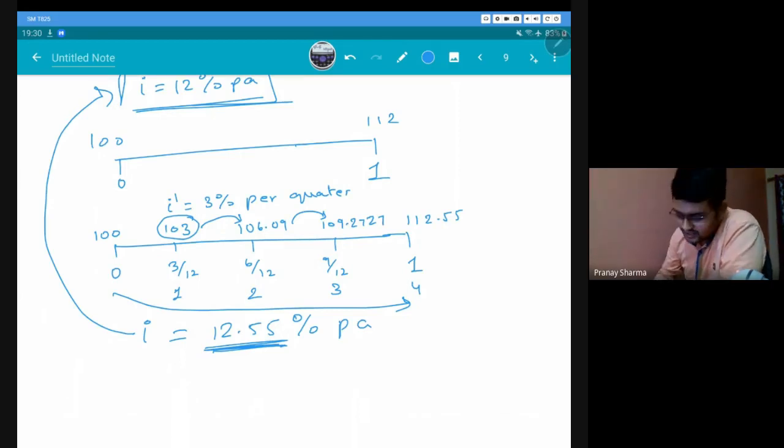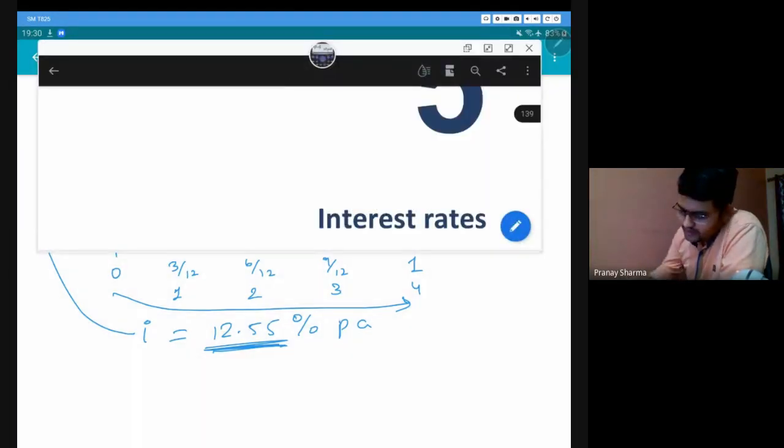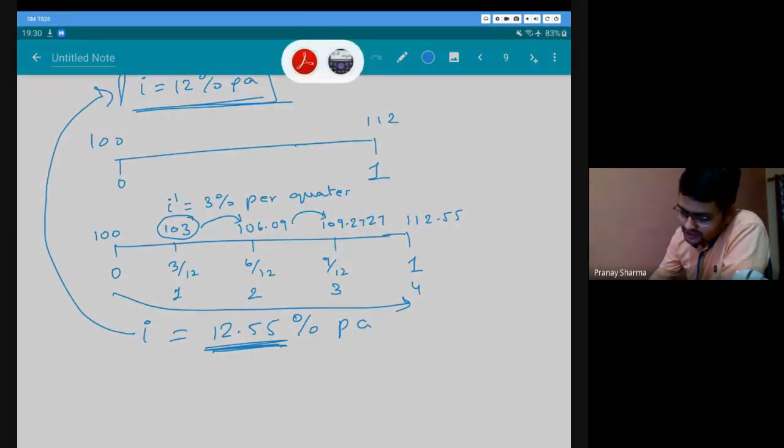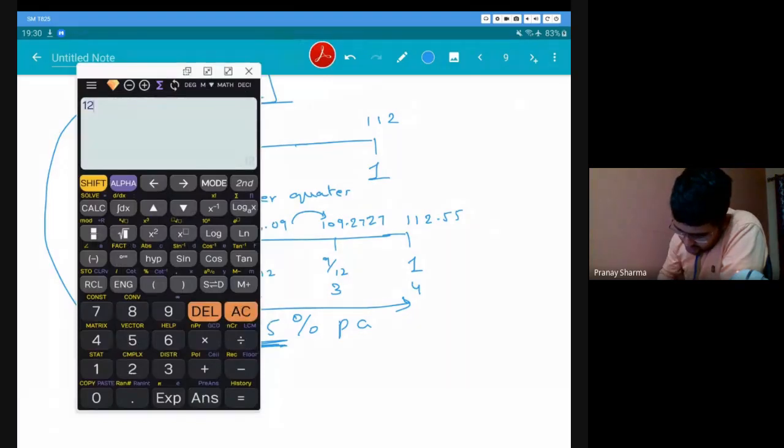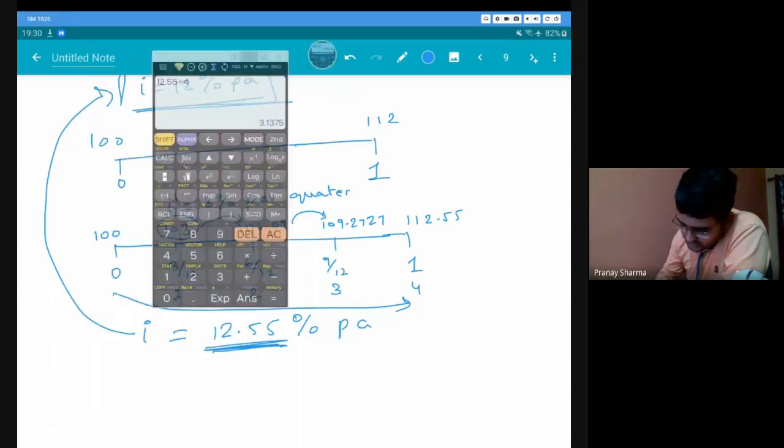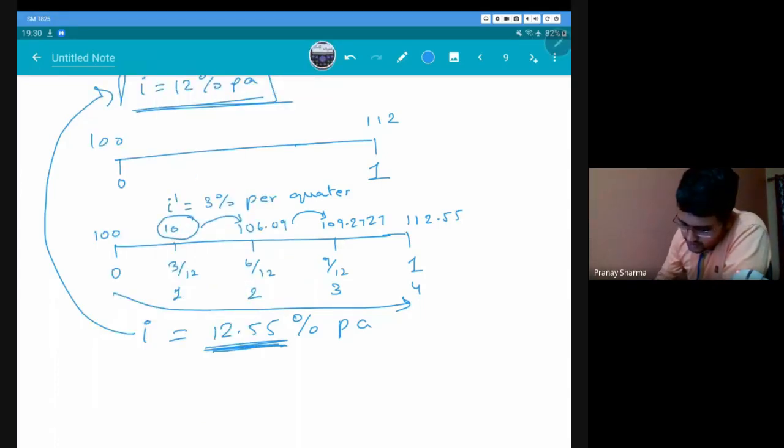If the bank says that the interest rate is 12.55, and they said that they will give you interest every 3 months, you will say 12.55 in a year divided by 4, I should get 3.137 rupees. But in the first 3 months, you only got 3 rupees as interest. You will say that the bank is cheating.